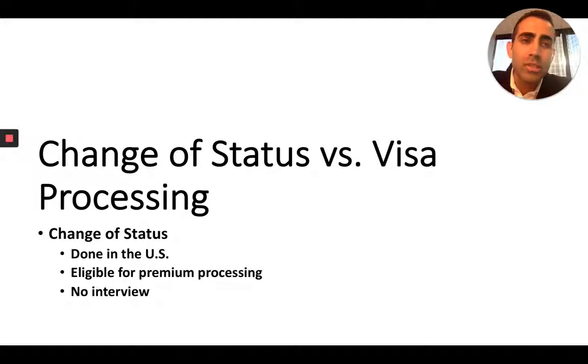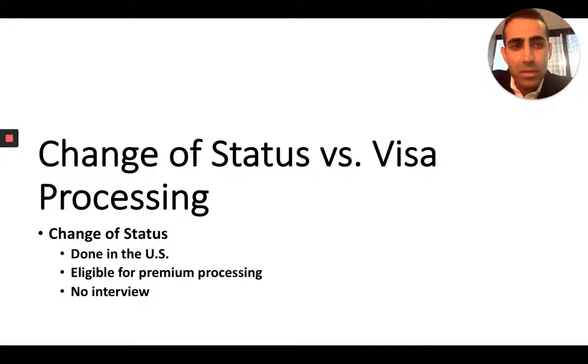So that's visa processing. The other option is a change of status. Now, a change of status is done entirely in the United States, and it's done through USCIS. And in order to do a change of status, you must be lawfully present in the United States in some sort of a valid non-immigrant status.